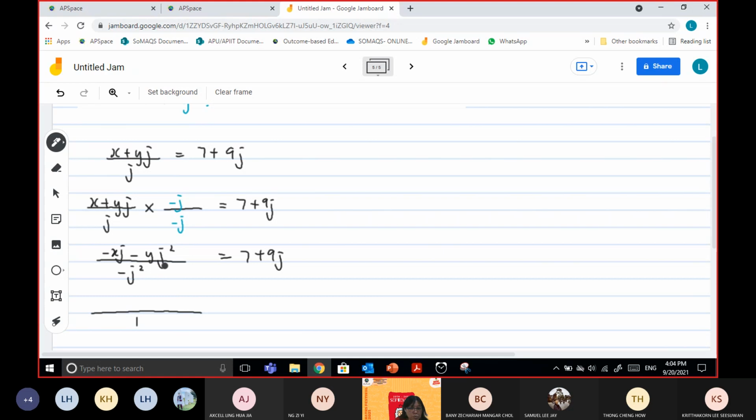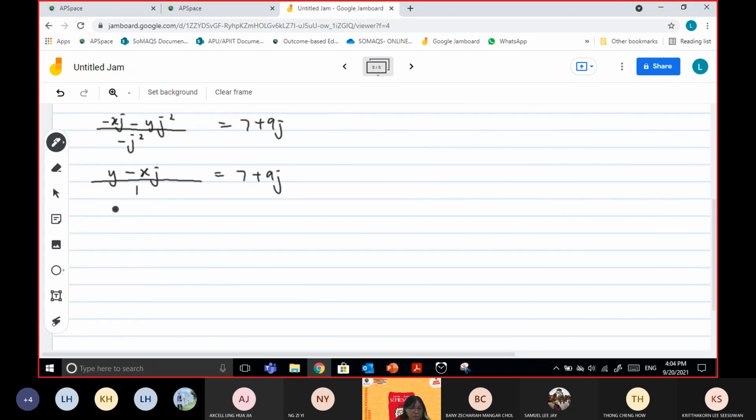At the top, j squared is minus 1 times minus y, so it's y minus xj. Divided by 1, you have y − xj = 7 + 9j.